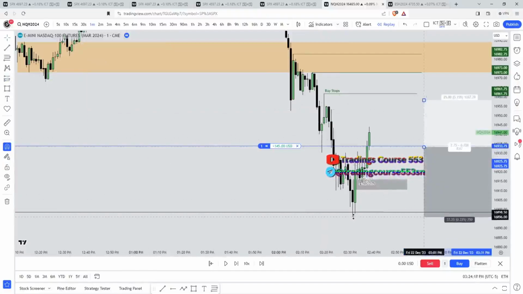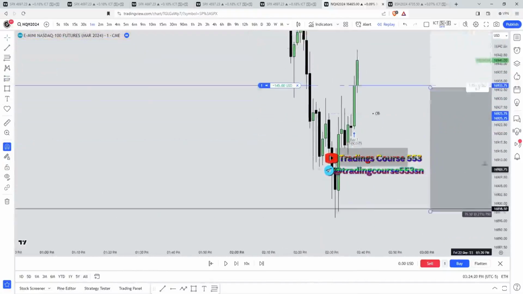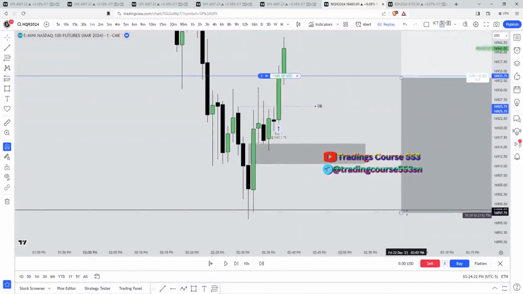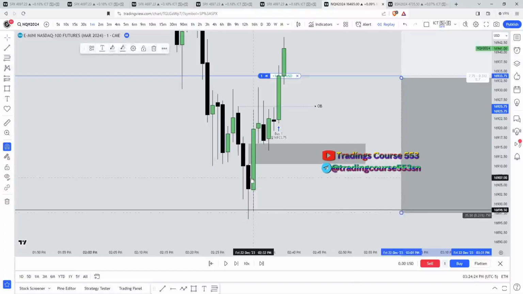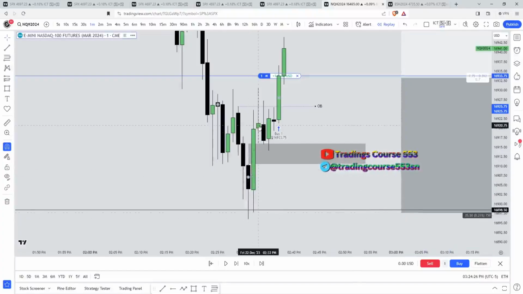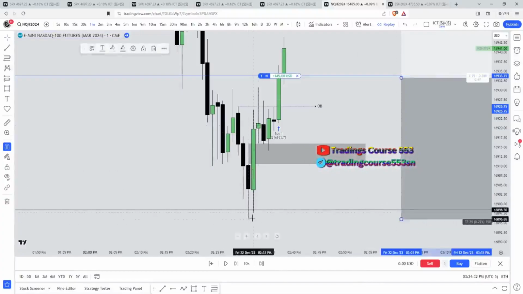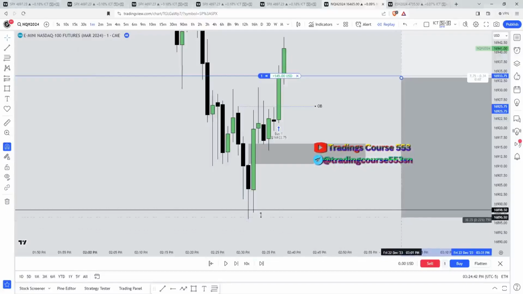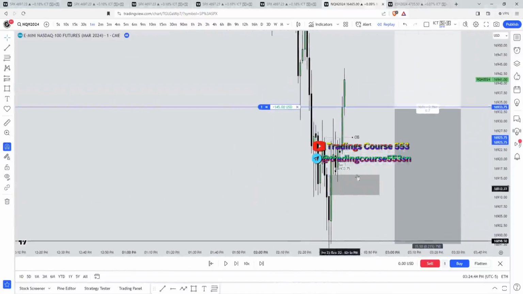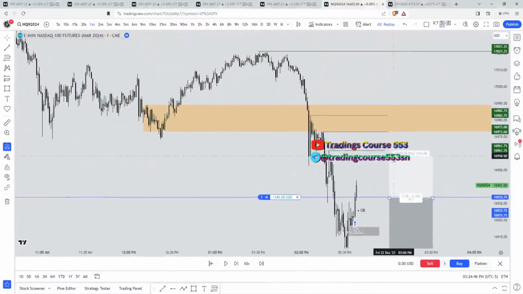Well, my stop loss can either be beneath candle number 1 of the fair value gap, or in this case, since this is candle number 1, this is 2, and this is 3, this candle number 2 is so close to that low, so I just have my stop there, or the safest stop would be at that previous low right there. In this example, I just have it beneath this low since it's so close to that previous one. And my RR needs to be 1 to 1.5 RR.